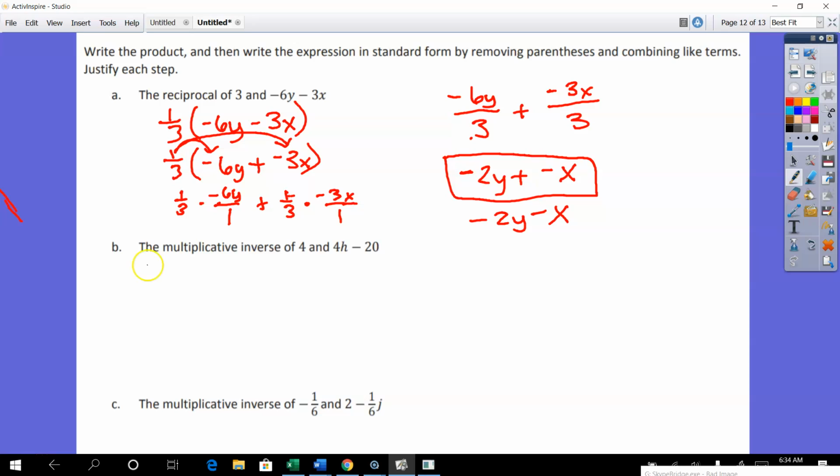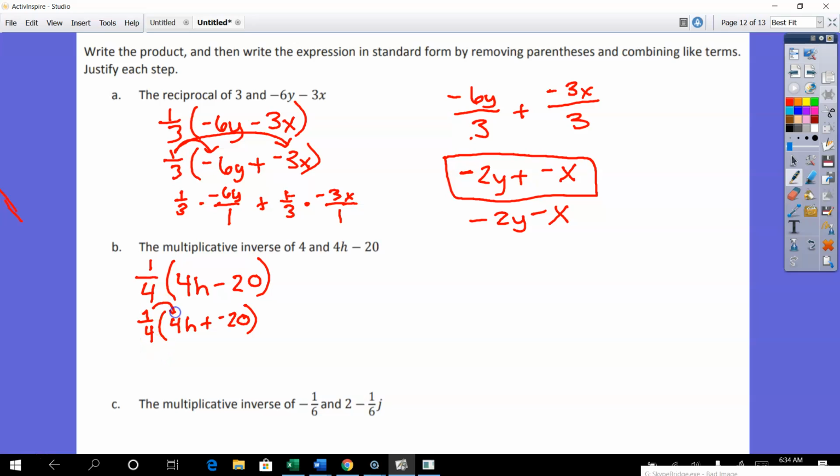Okay, the multiplicative inverse of 4 is 1/4 times 4h minus 20. Change your subtraction to addition, to the opposite.